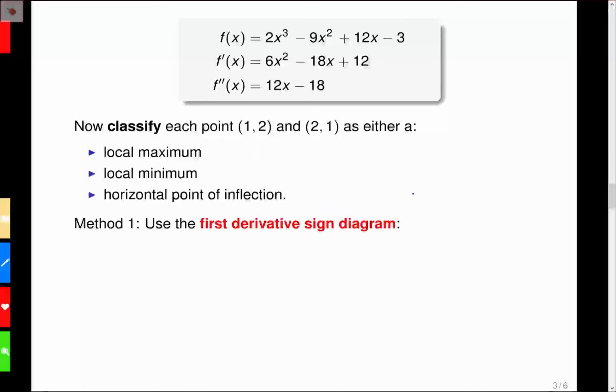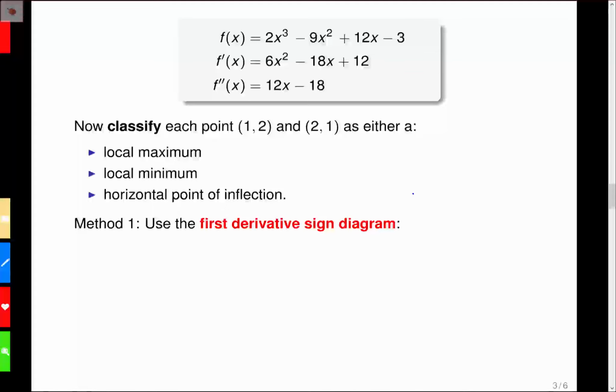To classify these points, one method we can use is the first derivative sign test, which involves testing whether the derivative is positive or negative around the points we found earlier, thereby telling us how the graph behaves around each point.